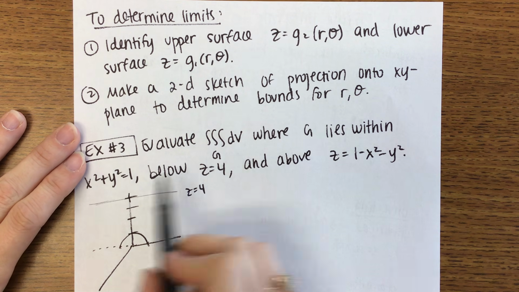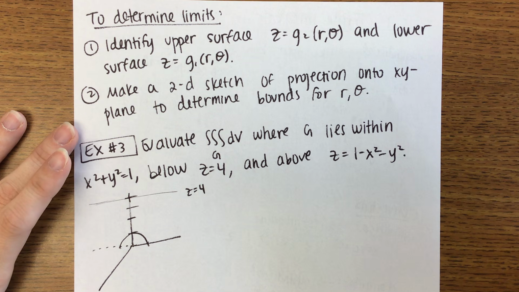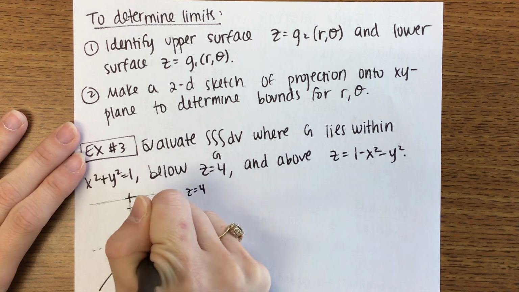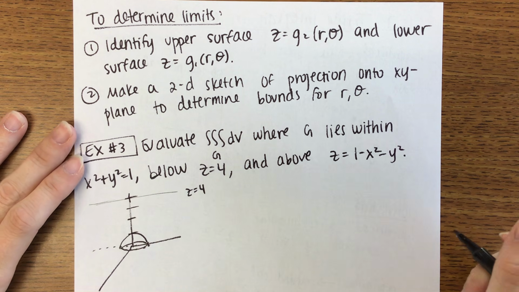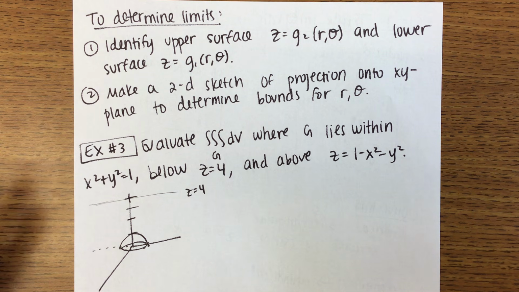Okay. x squared plus y squared equals 1. Circle. Oh, in 3-space, sorry. Is it a circle? No. It's a cylinder.